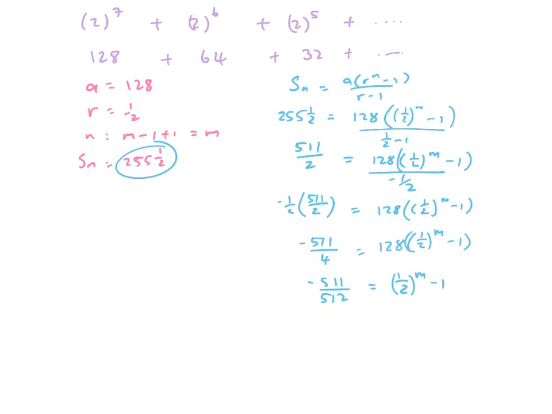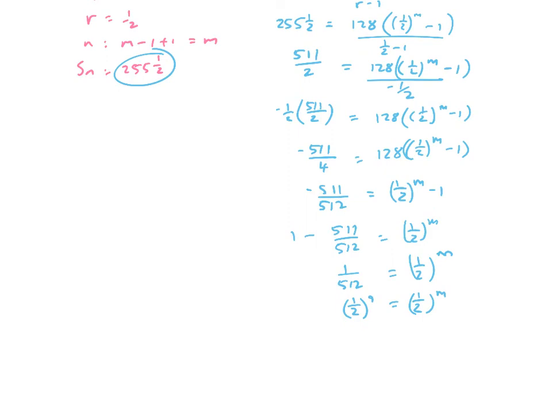You add 1 on both sides, same story as the previous one, so it's 1 minus 511 over 512 is equal to a half to the power of m. So that means 1 over 512 is equal to a half to the power of m. So 512 is a half to the power of 9, equal to a half to the power of m. So therefore m is equal to 9.